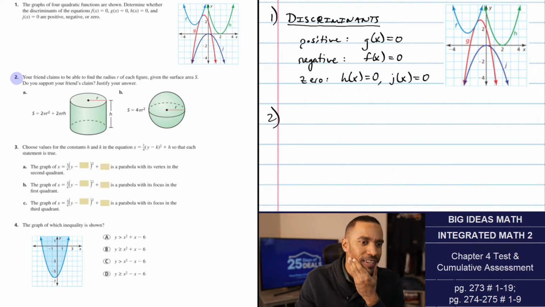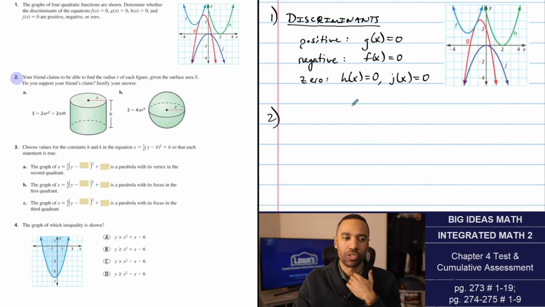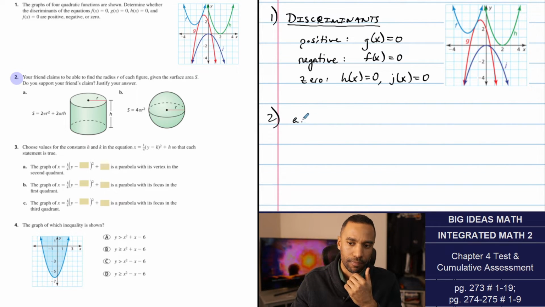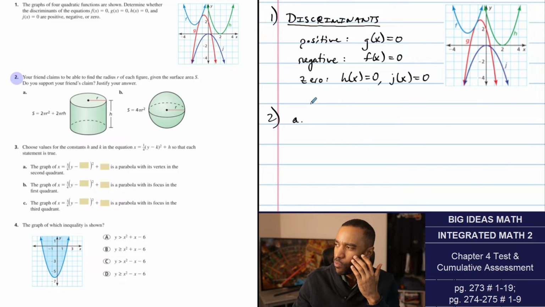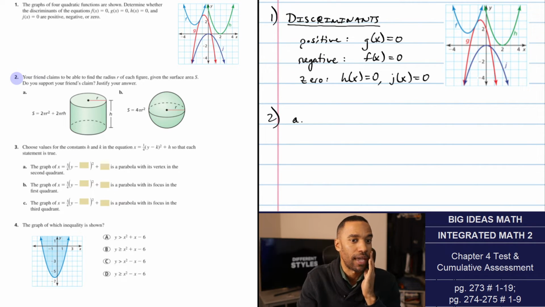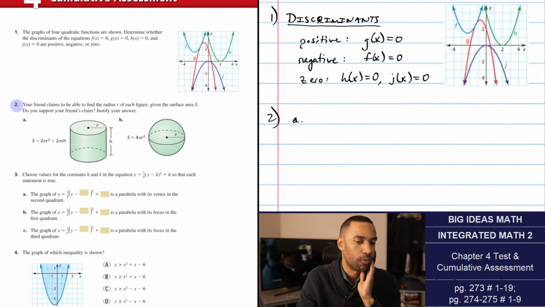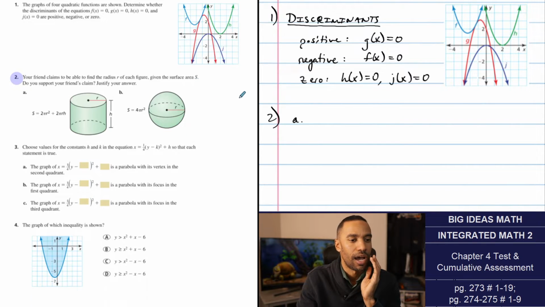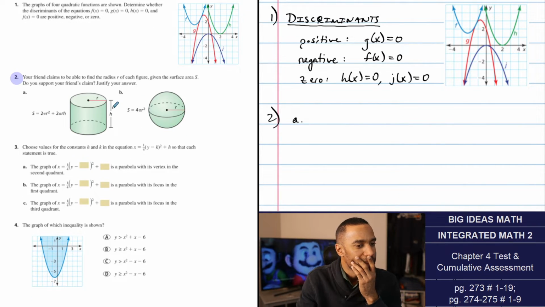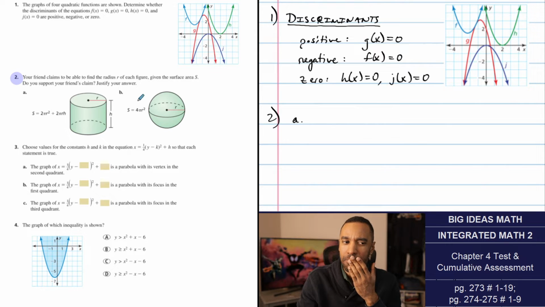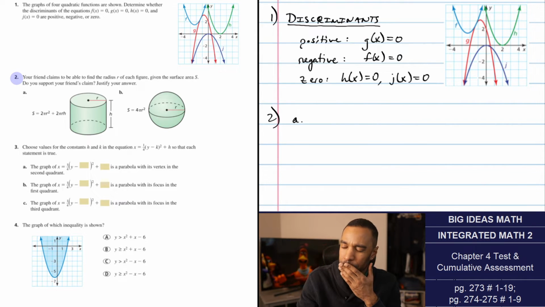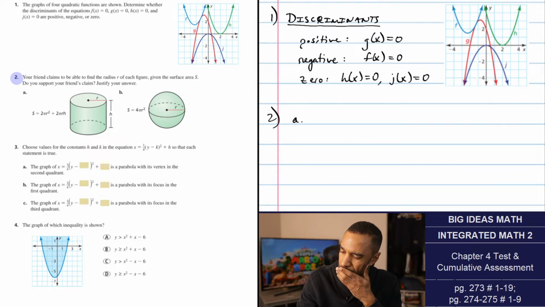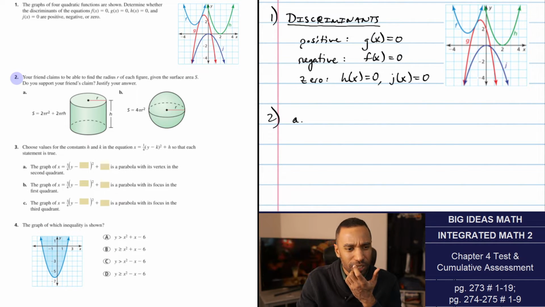Find the radius r given surface area. Oh, these are 2 separate ones. Okay, well, I forget what section. I'm sorry. And by the way, this one, I believe, would have been out of section 4.5 if you're talking about discriminant. This one here, for the life of me, I can't remember. I want to say it had to do with common factors or solving using square root.